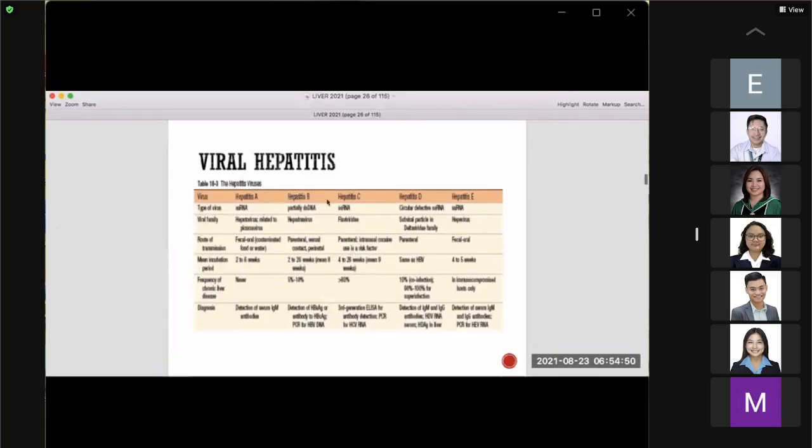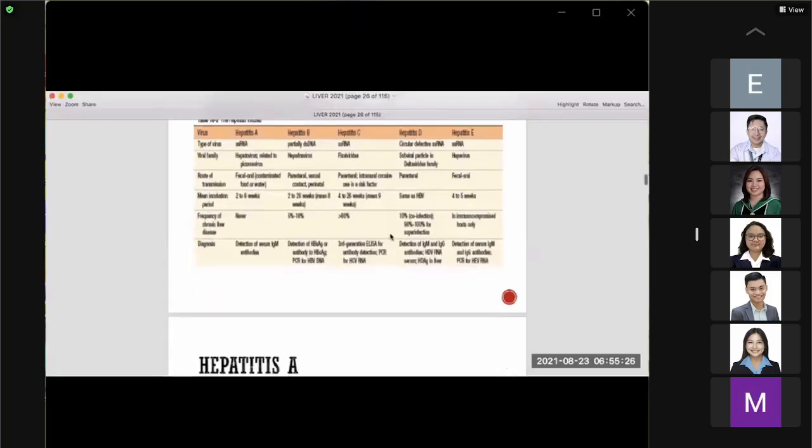So we have these different hepatitis, classified or differentiated from each other depending on the type of virus these are, what viral family they belong to, what is the route of transmission, and then we have the other characteristics as mentioned here. So go over this table, but we will be discussing these different types of hepatitis individually.